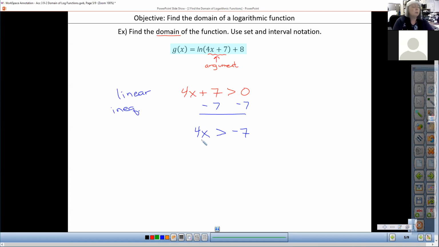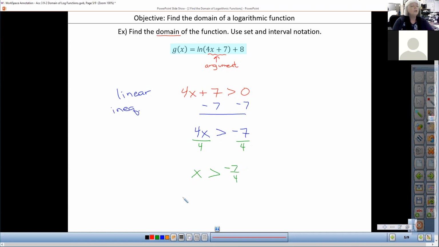Here I would now undo the multiplication, dividing both sides by 4. Since 4 is positive, I'm dividing by a positive number. That does not change my symbol, so it remains greater than. And negative 7/4, I'm just going to leave it negative 7/4. It can't reduce. And these are technically no calculator problems, so I would not bother with a decimal in this case.